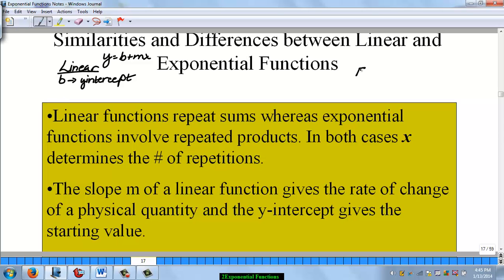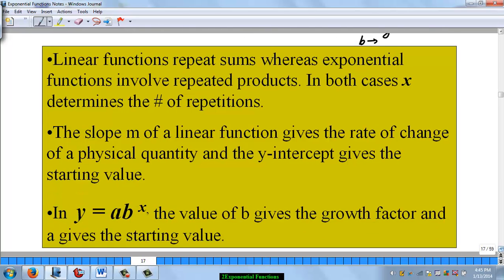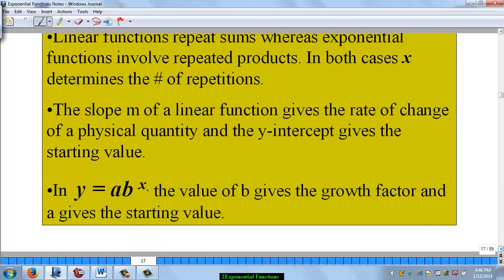In exponential, a is your y-intercept or your initial value, and b is your repeated ratios. In y equals ab to the x, the value of b gives the growth factor and a gives the starting value, like we've shown before.